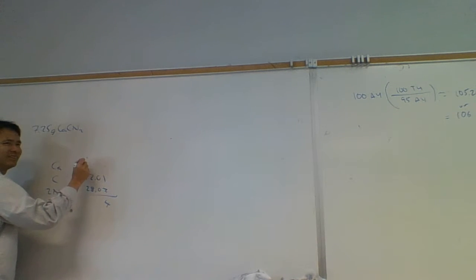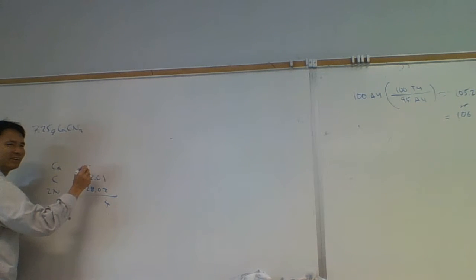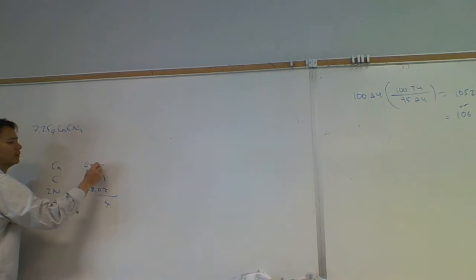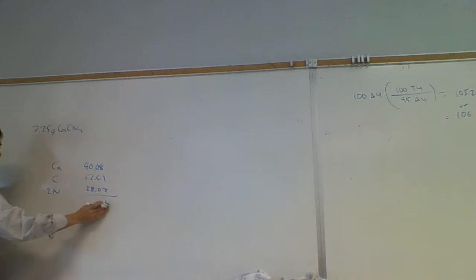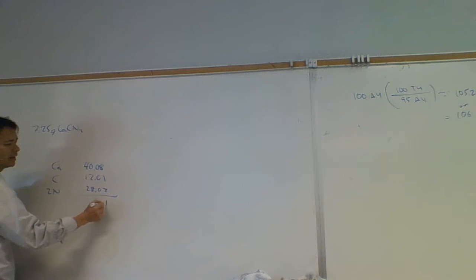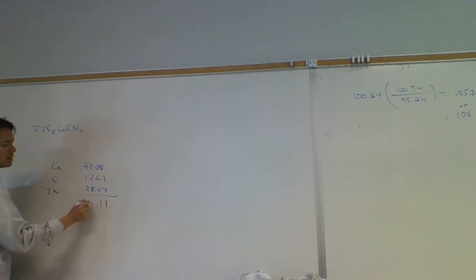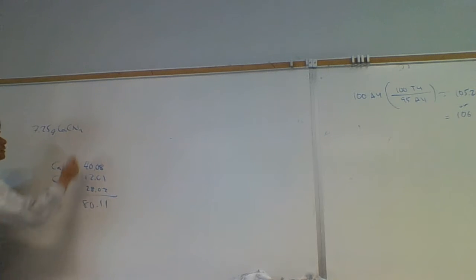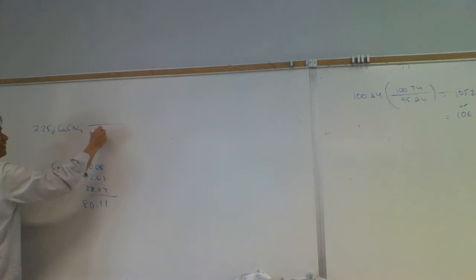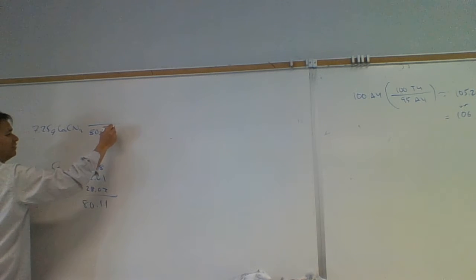Calcium's 40.078, so we'll go 40.08. Round it up. All right, thanks for doing that. So this is going to be 80.11 grams per mole.